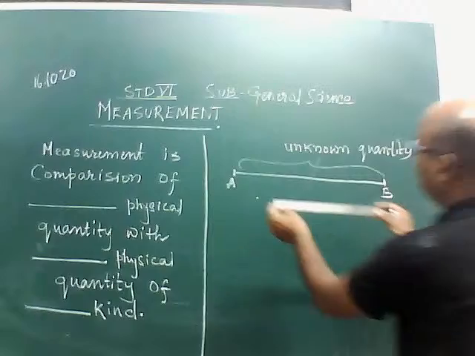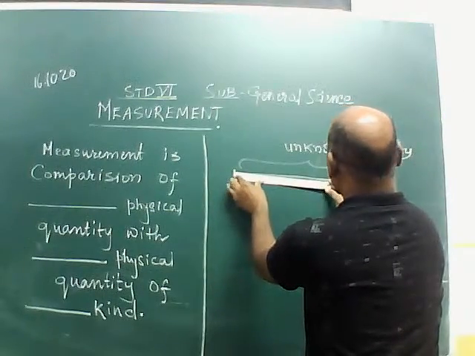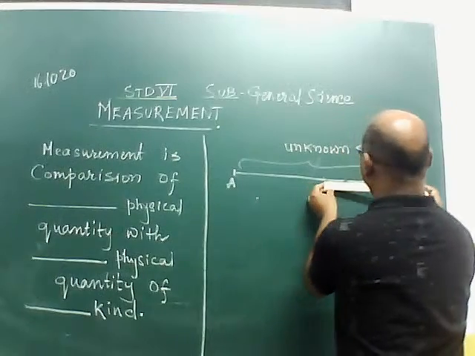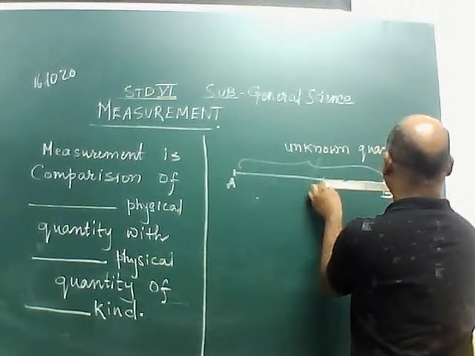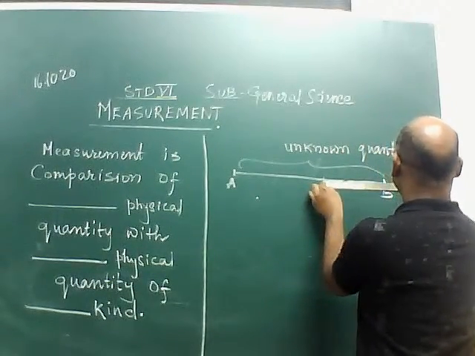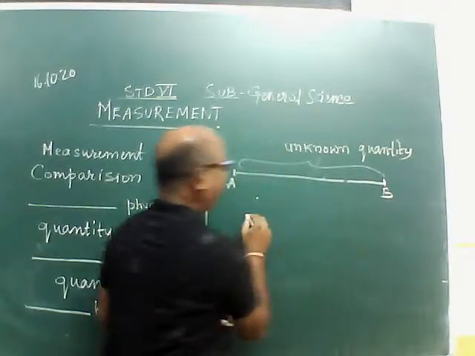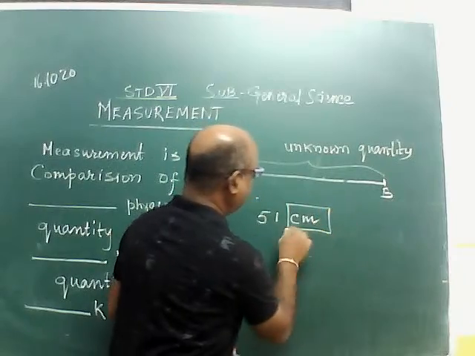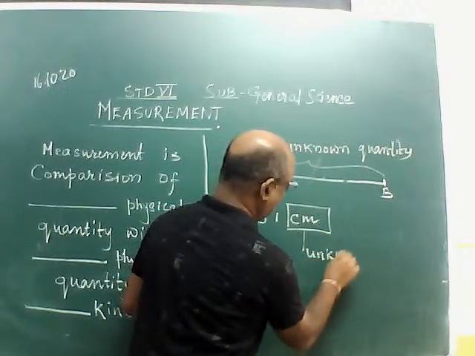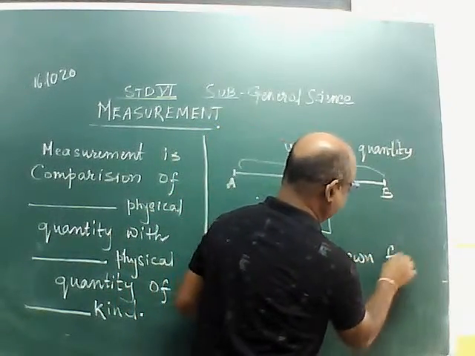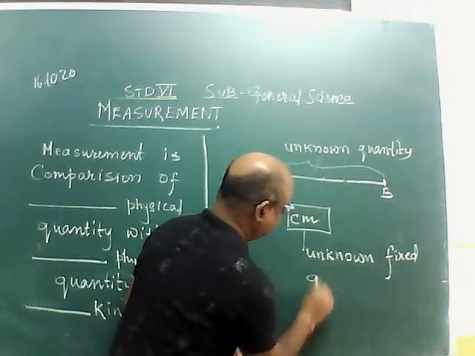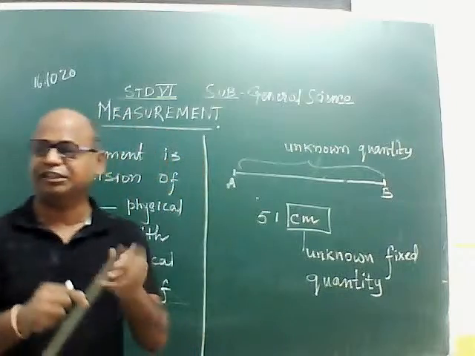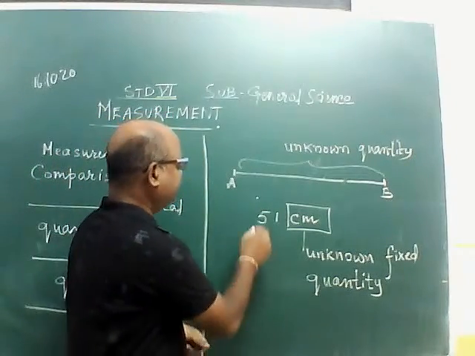Okay. So after comparing with the known physical quantity, what we found is how many centimeters? 30 plus 21. It is 51 centimeters. So this is the known fixed quantity, that is centimeter. Okay, and this is the number.